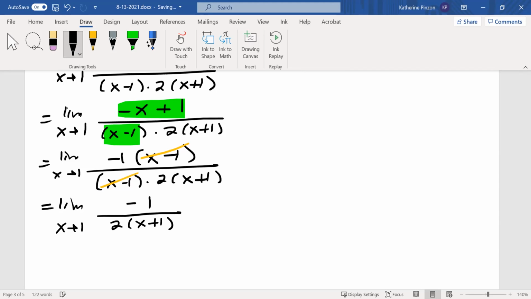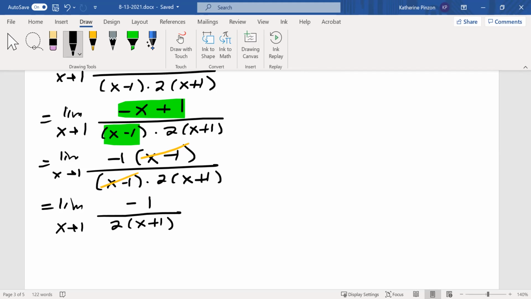This looks a lot different and a lot simpler than what we started with, right? And what you might notice is that in the initial one that we started with, we had an x minus 1 in the denominator, meaning when I plugged 1 in, it gave me a 0 in the denominator. And zeros in the denominators signal bad things, right?